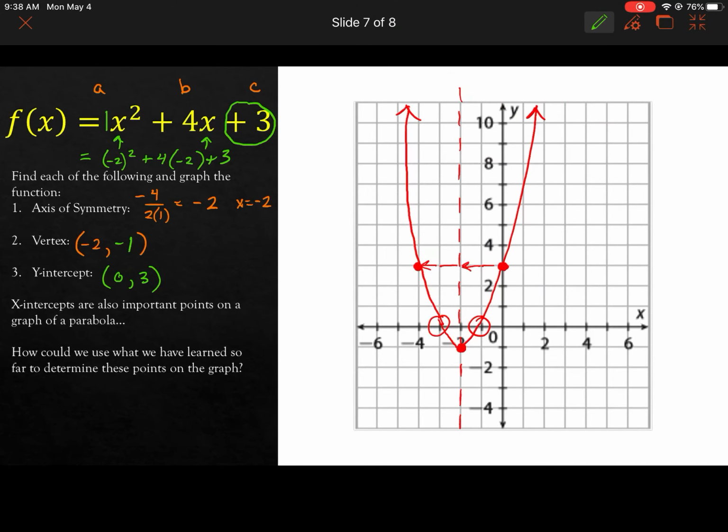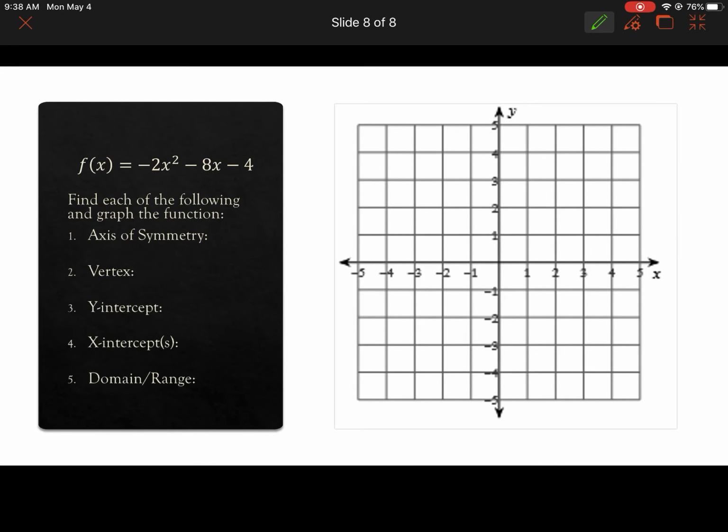Well, hopefully you remembered that when this is positive, my a value is 1, this is going to be a minimum because it's the lowest point on the graph. All right, so let's take a look at this one. If you want to pause this here and try to do it on your own, that'd be great. If you have an idea for the x-intercepts, now would be a great time to experiment.